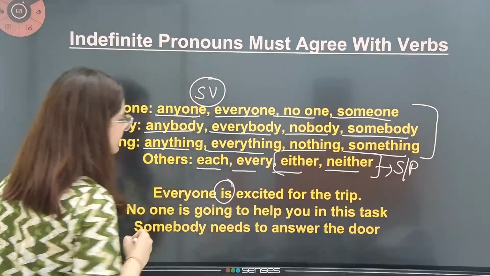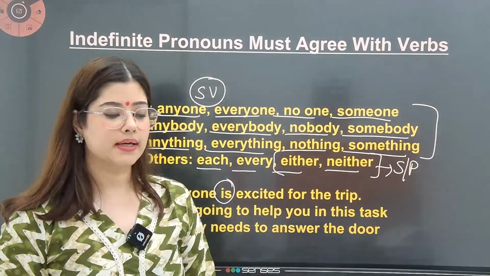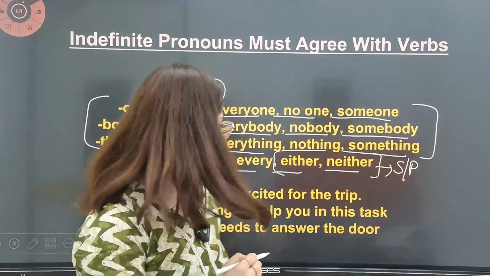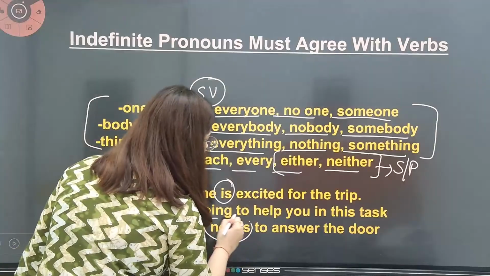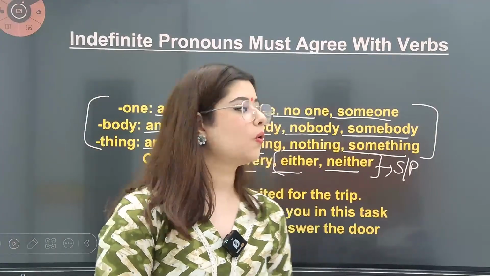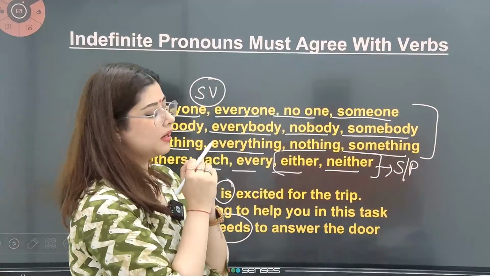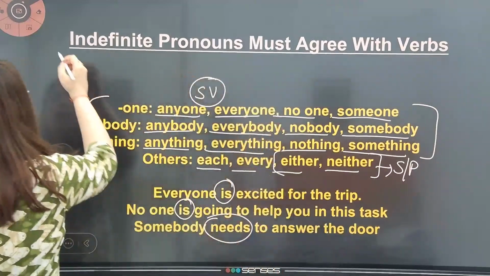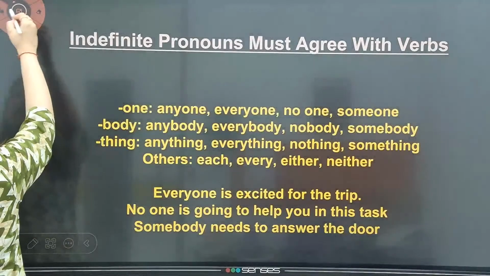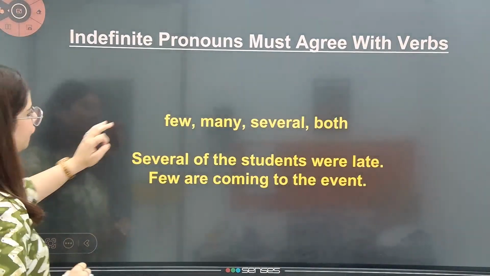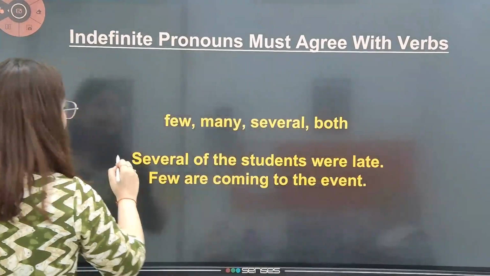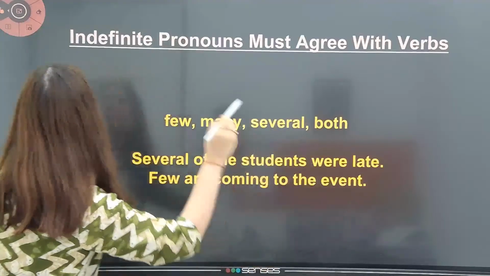Everyone is excited for the trip. No one is going to help you in this task. Somebody needs to answer the door. Right? So we have taken up a singular verb form. If you're talking about indefinite pronouns like few, many, several, both, right?